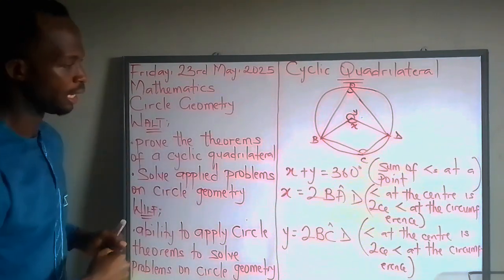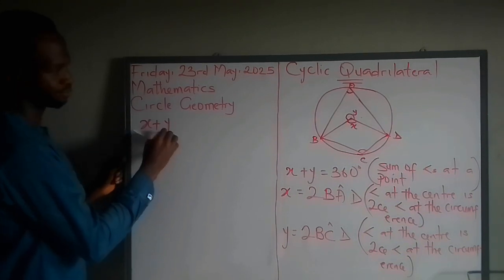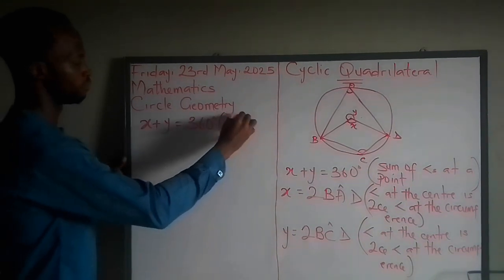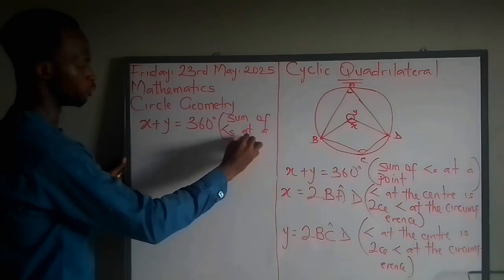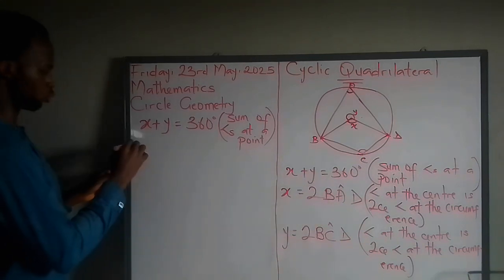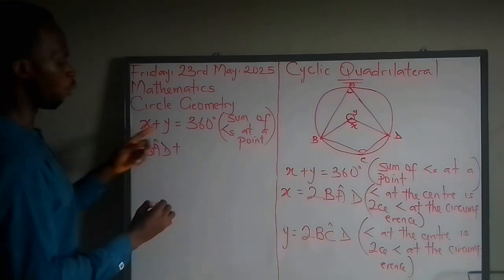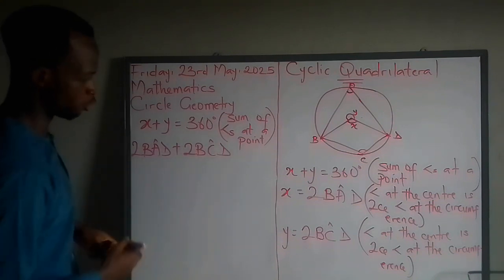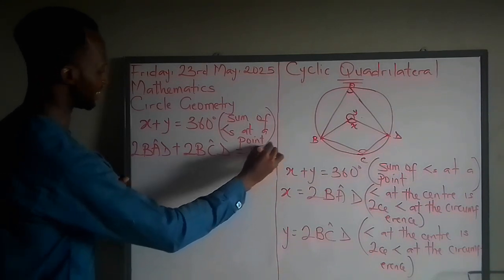So let me put it into writing. If x plus y is equal to 360 degrees, sum of angles at a point, and here we have x to be twice the angle BAD, and y to be twice the angle BCD, so that means that this also will be equal to 360 degrees.